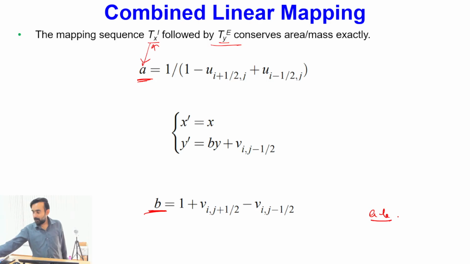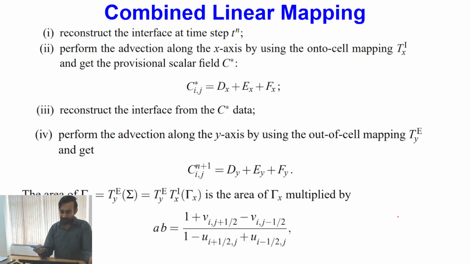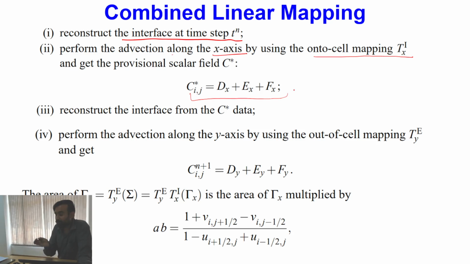Okay. Now the overall algorithm is that first we need to reconstruct the interface at time step n. After that, we need to perform the advection along x-axis by using onto cell mapping. And we have to get some new value of volume fraction, but of course this value will not be at n plus 1.